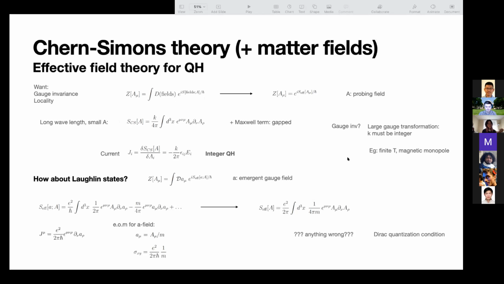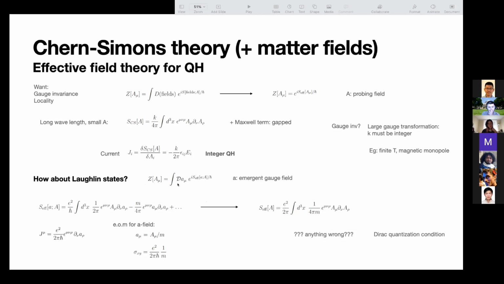But as we talked about before, we can have Laughlin states, where the Hall response doesn't need to be an integer. So what happened here? Let's put this aside and consider another theory with an emergent gauge field coupled to the probing gauge field.